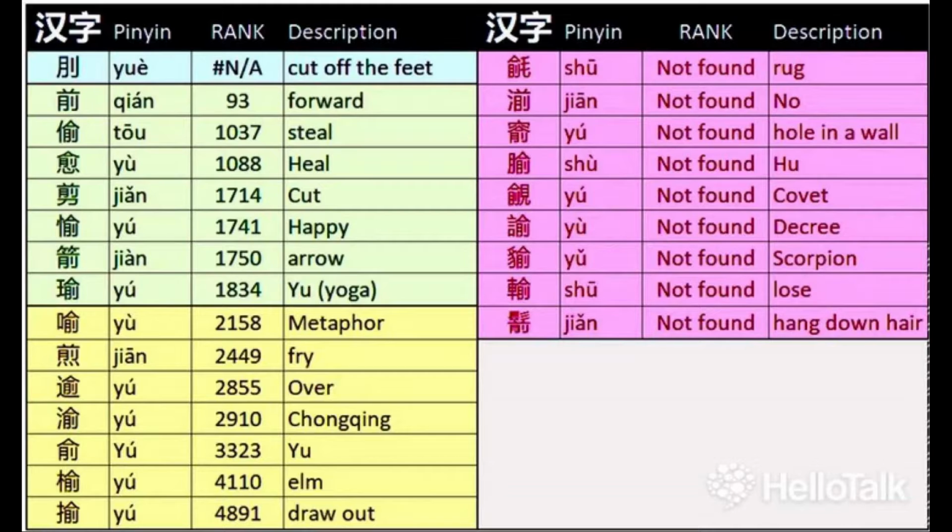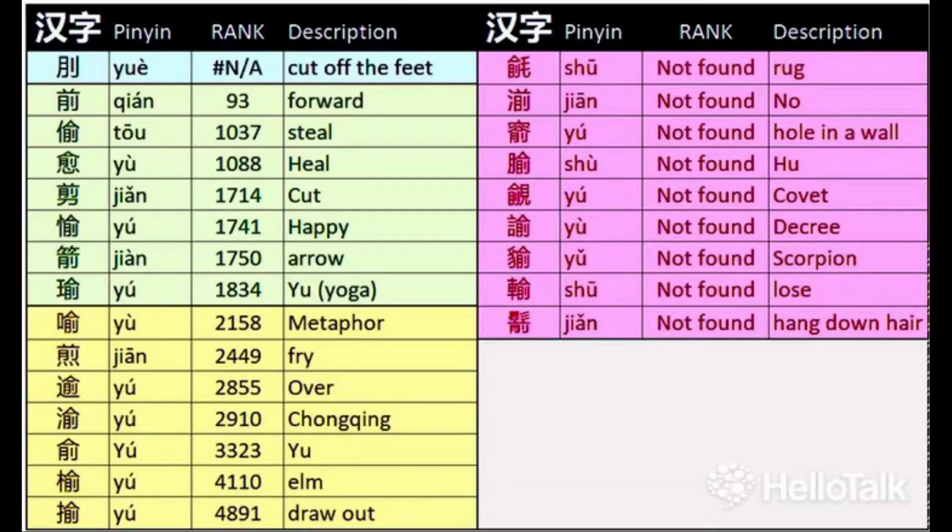We have a table with yue in blue, which is the original character. By the way, it's not even ranked in the 5,000 characters. It means cut off the feet, like I mentioned, so it's not very useful. It is highlighted in blue because it's the original character. Then we have the green ones, which are in the top 2,000.